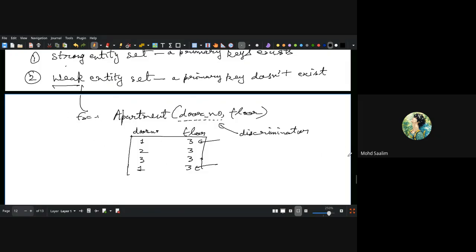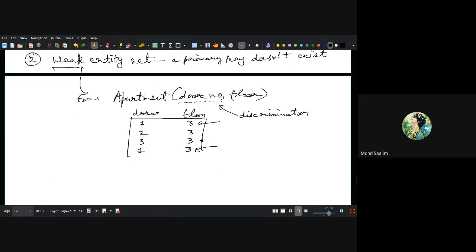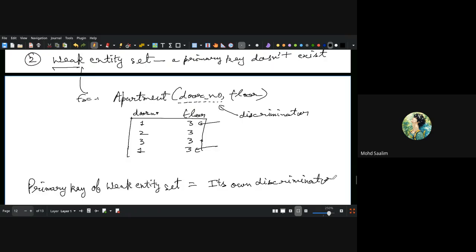We say, and this is a rule, that when you don't have a strong entity set, then a simulated primary key of a weak entity set can be, first of all, its own discriminator, and you combine it with the primary key of the strong entity set.